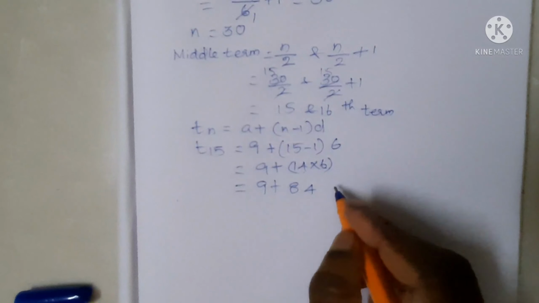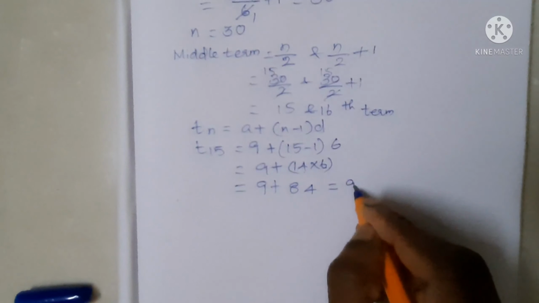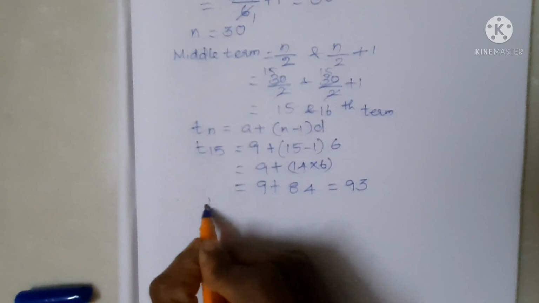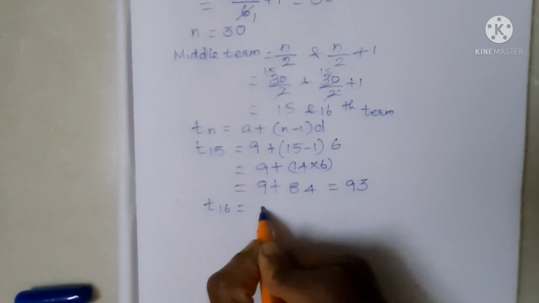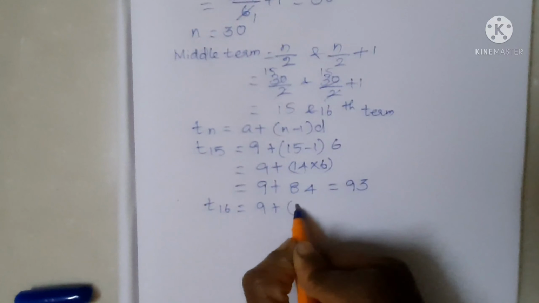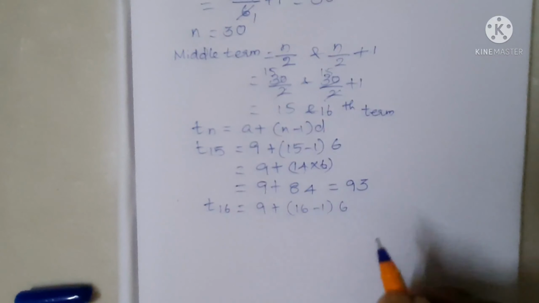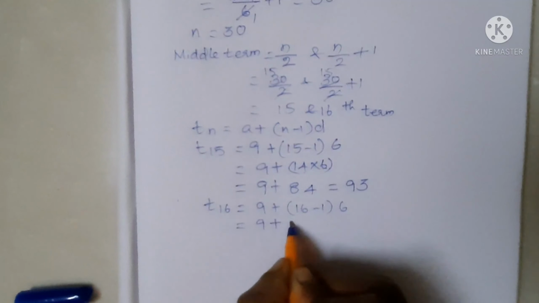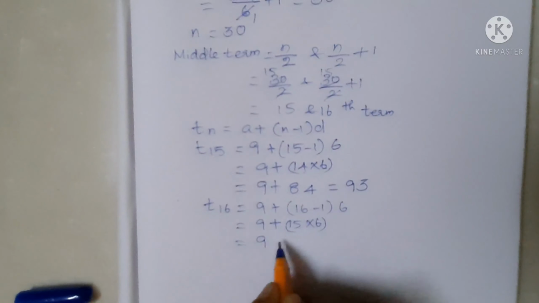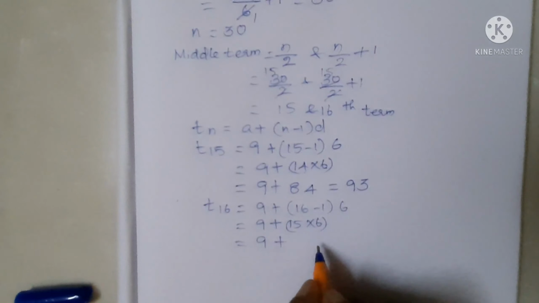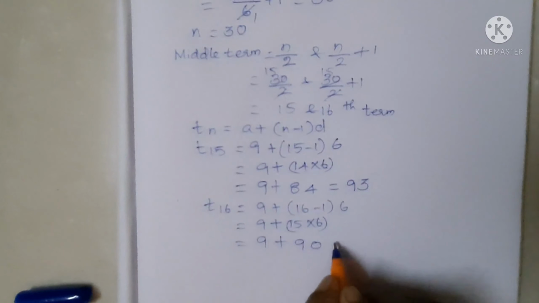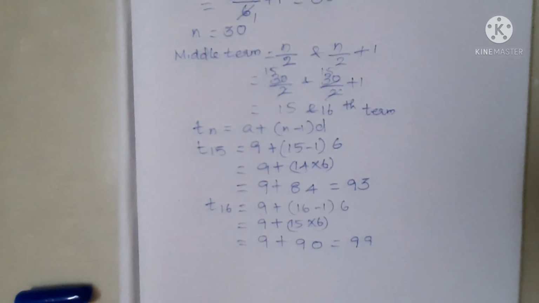So 84 plus 9 is equal to 93. Next you find T16, that is equal to 9 plus (16 minus 1) into 6. That is 9 plus 15 into 6. 5 6s are 30, remaining 3, so 99. So T15 is equal to 93 and T16 is equal to 99.